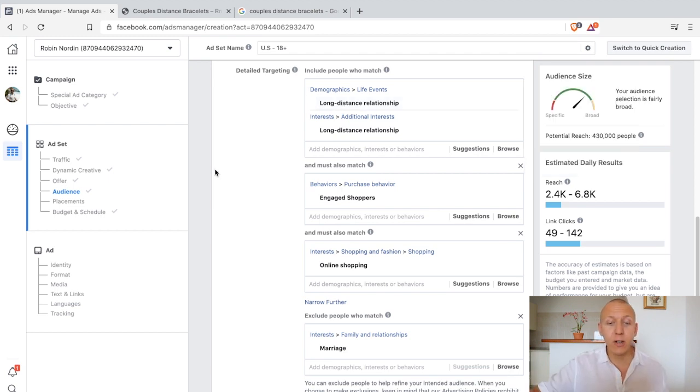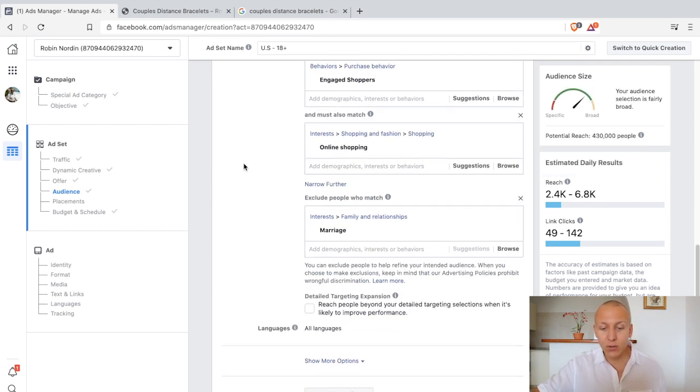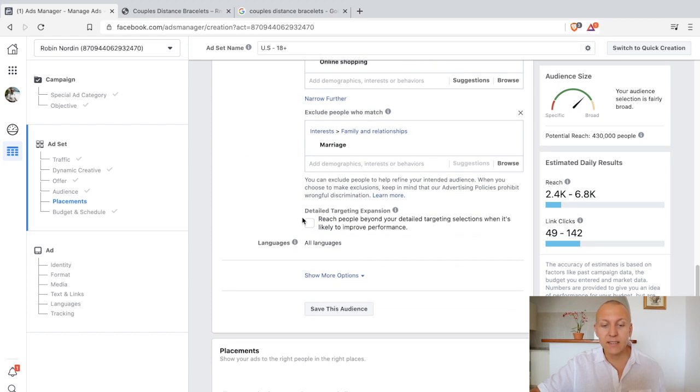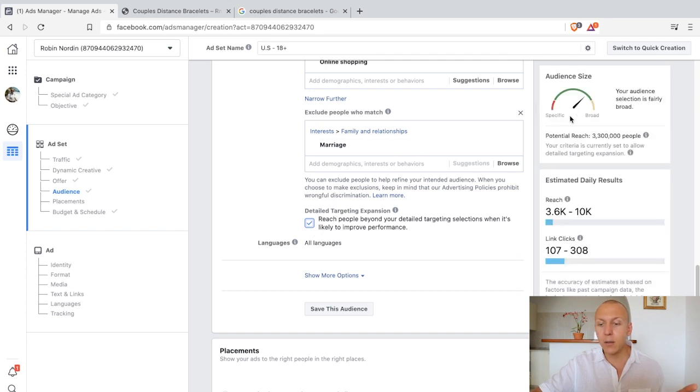So once we're done with our detailed targeting, we're going to scroll down, and there is something here that says detailed targeting expansion. What that does is reach people beyond your detailed targeting selection when it's likely to improve performance. So if you look at our potential reach right now, it's 430,000 people. But if I click on the detailed targeting expansion, it moves up to 3.3 million people.